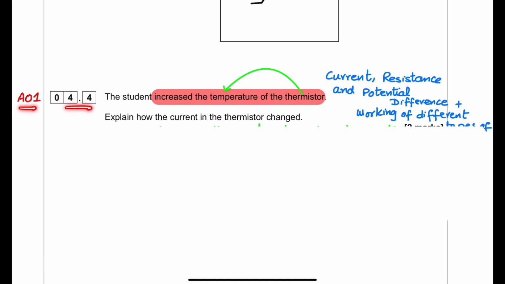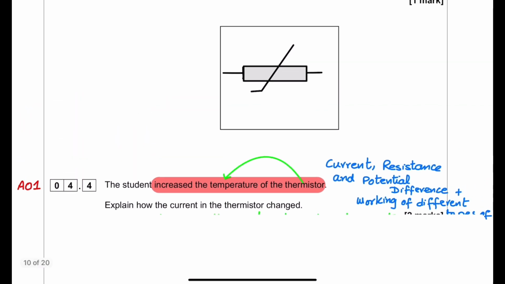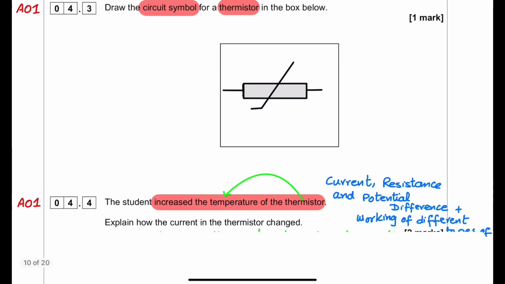4.4 is an AO1 question, where the student increased the temperature of the thermistor. Explain how the current in the thermistor changed. This question is from the topic of current, resistance, potential difference, and the working of different types of resistors. The key information is given here. The student increased the temperature of the thermistor.